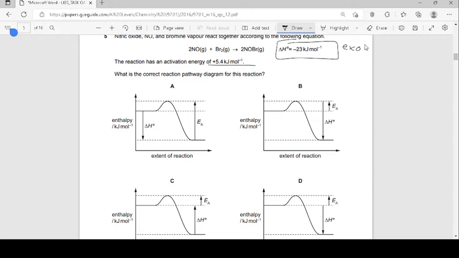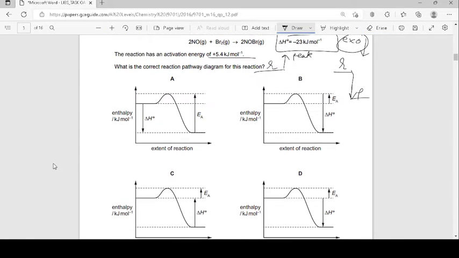So for exothermic, your overall enthalpy change, from reactants to products, should be a downwards arrow, and the arrow from reactants to the peak should be maybe like this, in fact. So reactants to products, that is a downwards arrow, not a double-headed arrow, just a single arrow. And from your reactants to the peak, that should be an upwards arrow, obviously, because activation energy is going to be upwards, right?